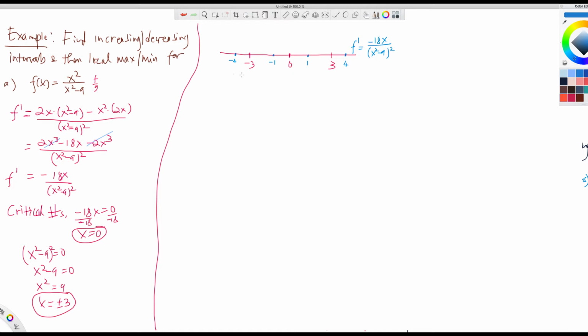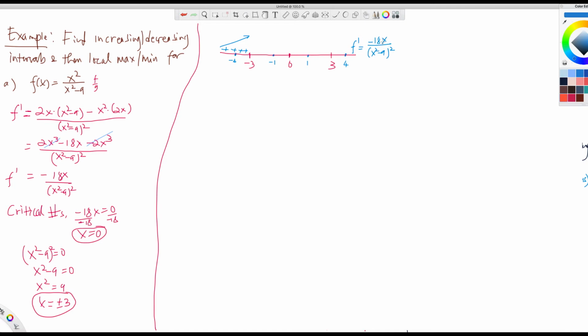Okay, so let's plug in -4. -18 times -4 is +72, divided by -4 squared is +16, minus 9 is 7, squared is positive. So the denominator is positive, numerator is positive. So it will be positive, right? So it means it is increasing. Let me plug in -1. -18 times -1 is +18, divided by -1 squared is +1, minus 9 is -8, squared is positive. So the denominator is positive, right?